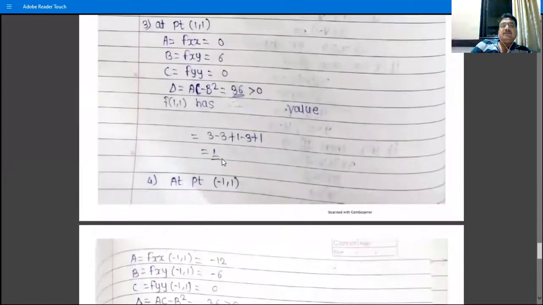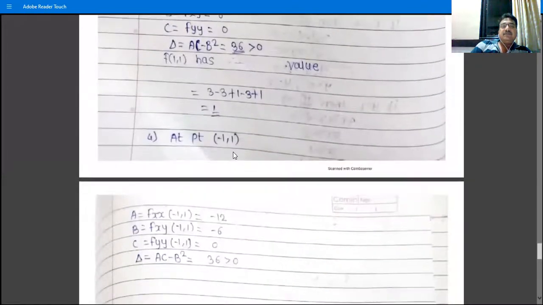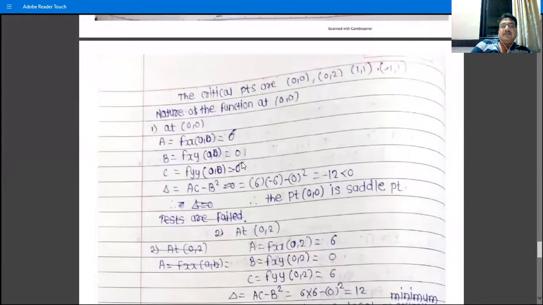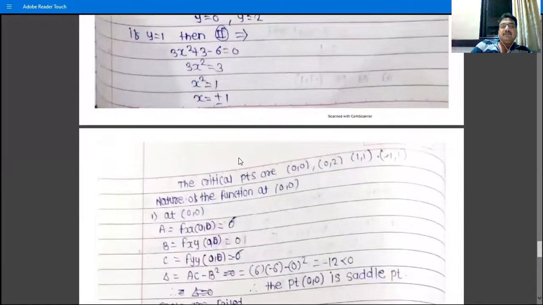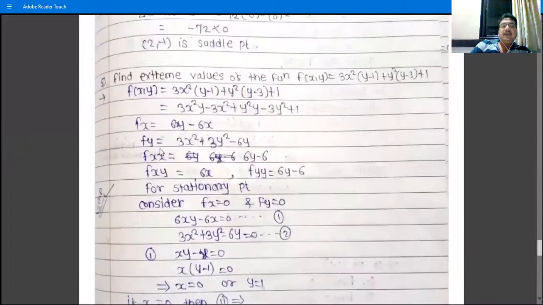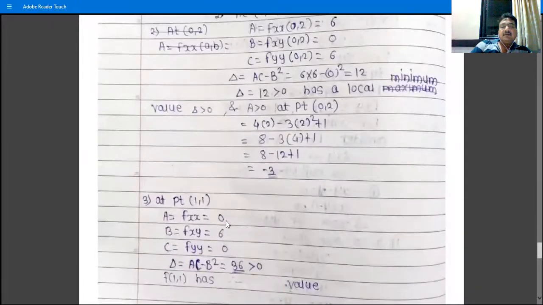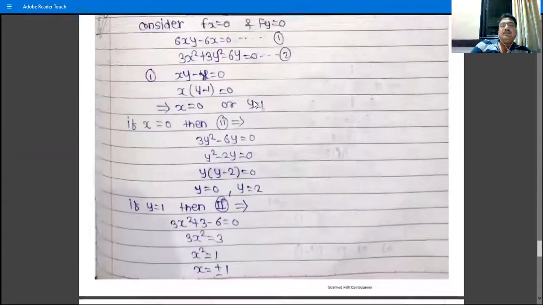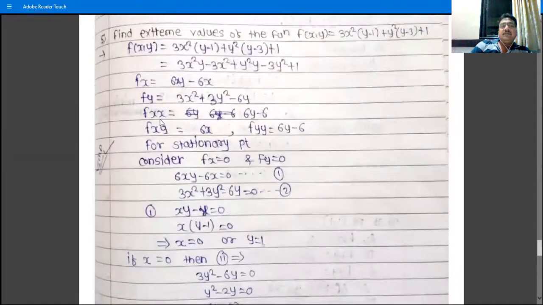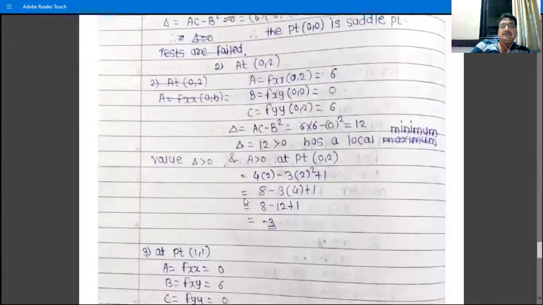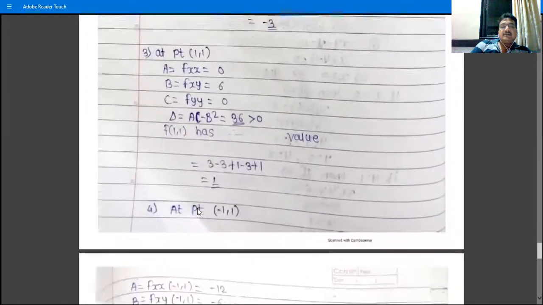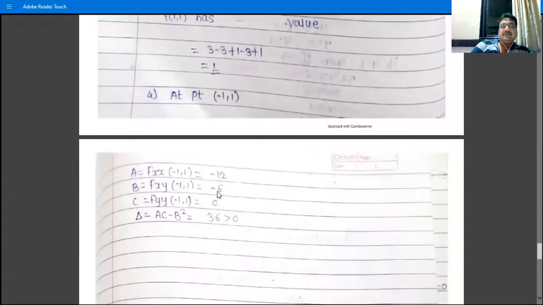So at the point (minus 1, 1), what are the values of A, B, C? fxx is 0, yes, correct. Then at the point (minus 1, 1), fxy is 6 into minus 1, which is minus 6, correct answer.